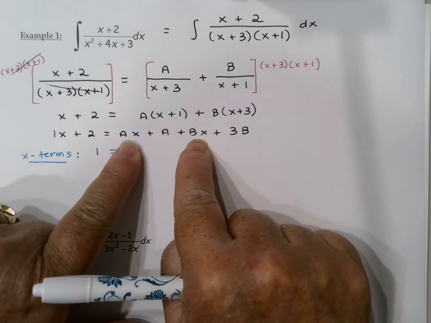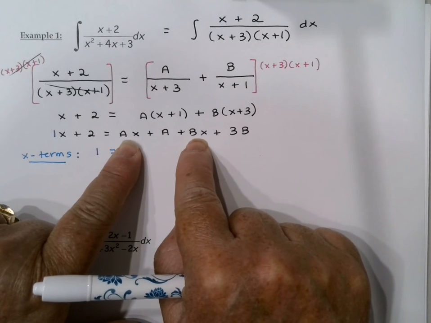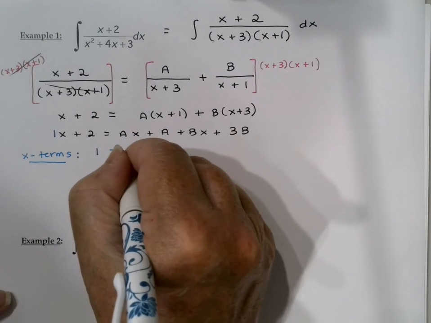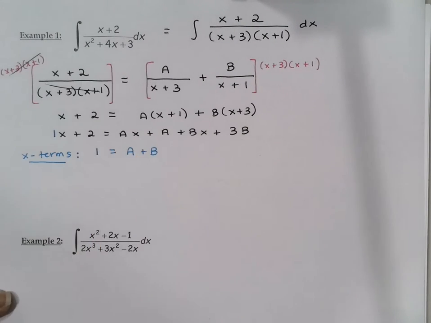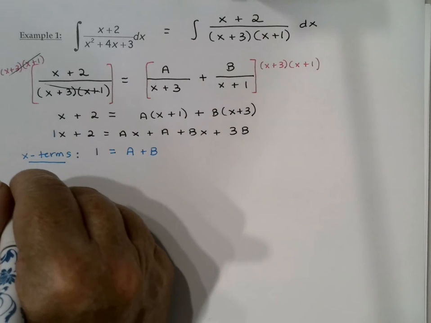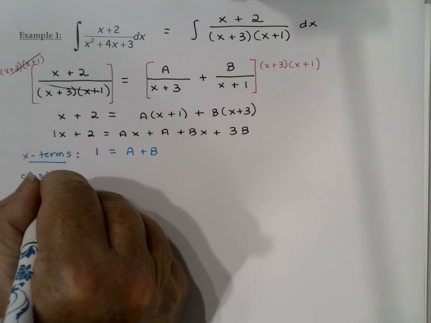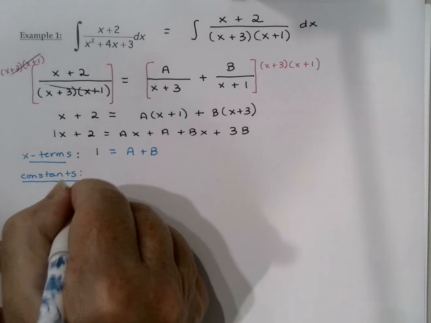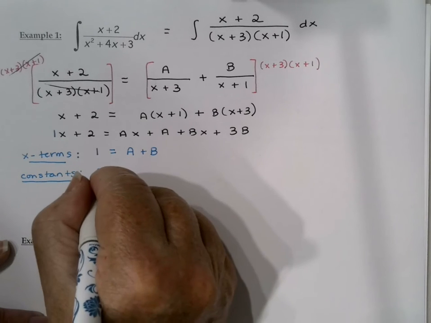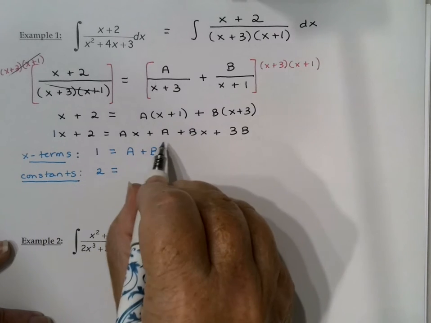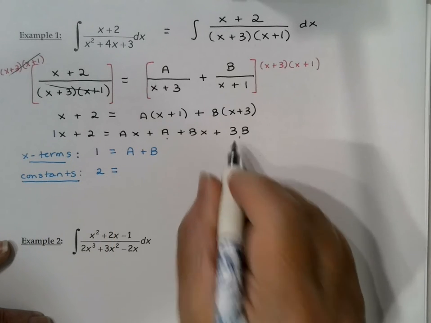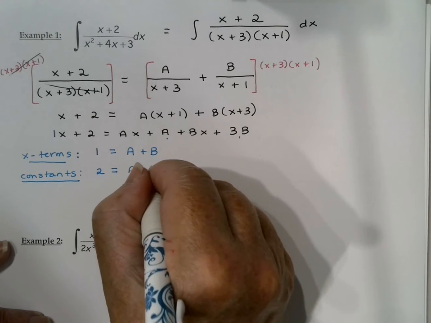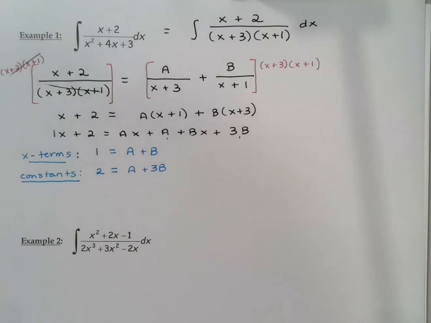But on the right, I have a plus b x's. Now what about the constants? On the left, we've got 2. And on the right, I've got a plus 3b. That gives me a system of equations to solve.